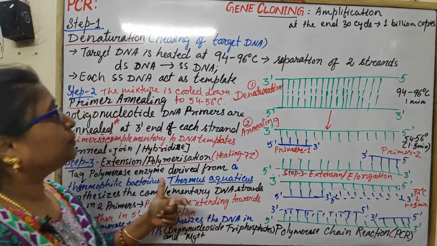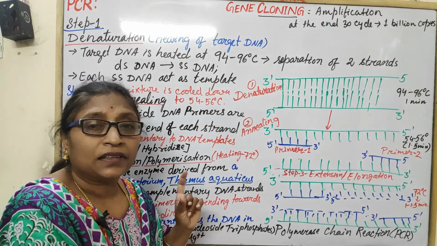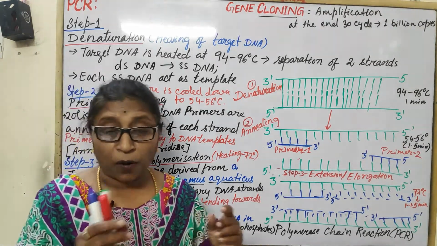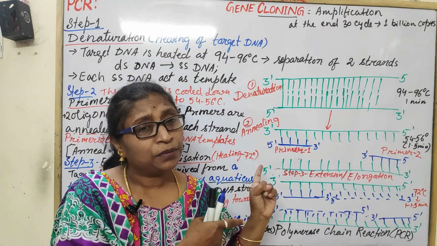And the PCR, polymerase chain reaction, occurs in 3 steps. First, denaturation: the double strands become single strands by heating the mixture.